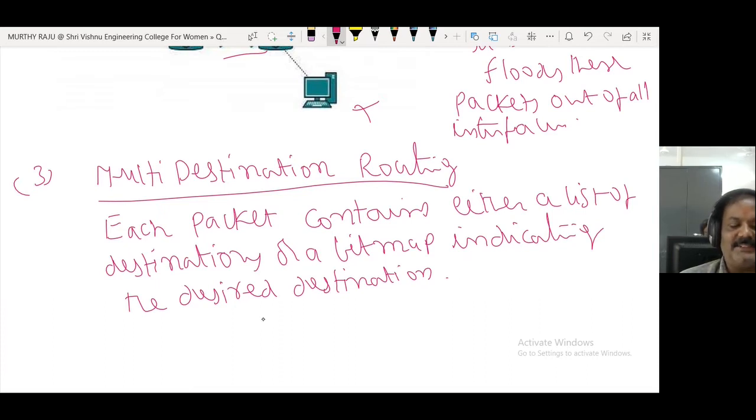Suppose a packet arrives at a router. When a packet arrives at a router, the router checks all the destinations to determine the set of output lines that will be needed to carry these packets.